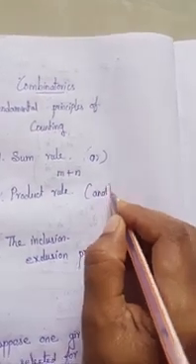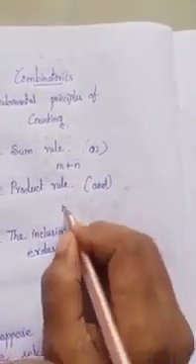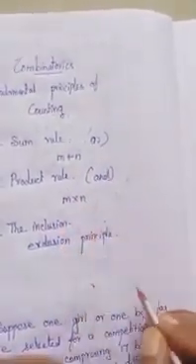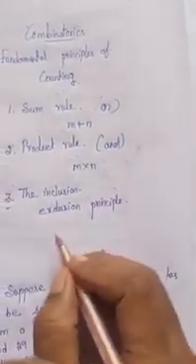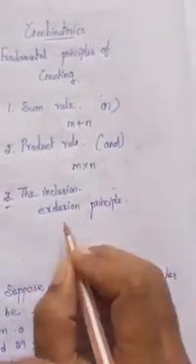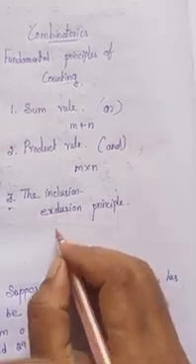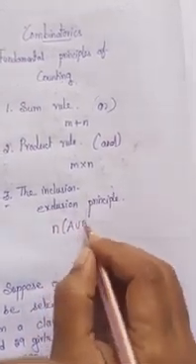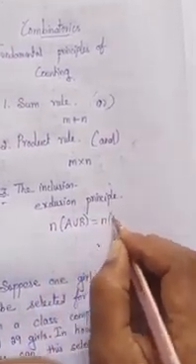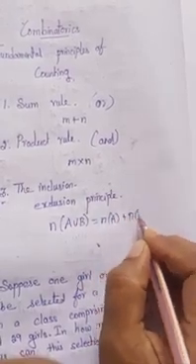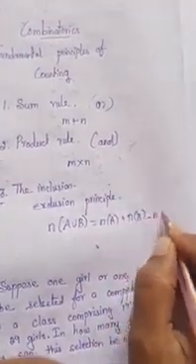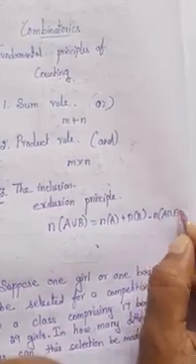Product rule means and, both we need, so m into n. Inclusion: both will be done simultaneously. So n of A union B is equal to n of A plus n of B minus n of A intersection B.